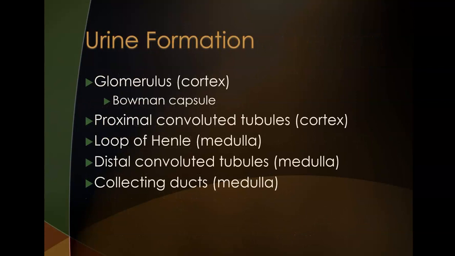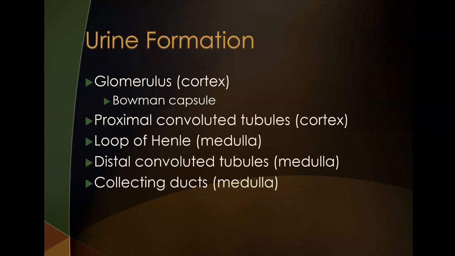All right, so urine formation starts in the glomerulus. The glomerulus is located in the cortex of the kidney, so that's the outermost portion of the kidney. The filtrate from the blood is captured in Bowman's capsule.